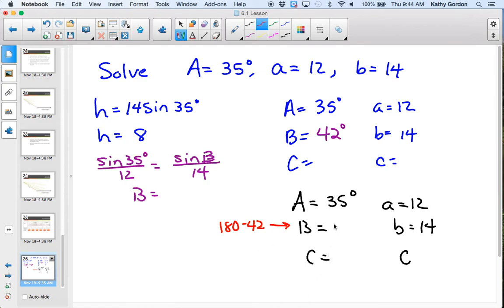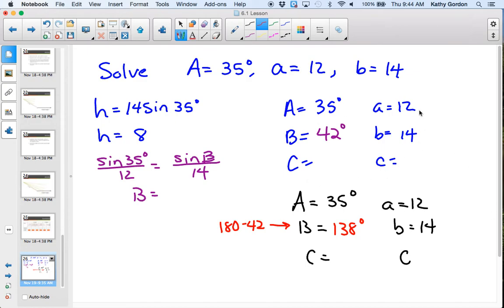And that's going to give us 138. Okay? So now, once I have the B's figured out for each of them, now I just figure out the rest of this one based on 42, and then I figure out the rest of this one based on the 138, and I figure out what my angle C and side C are for each case.